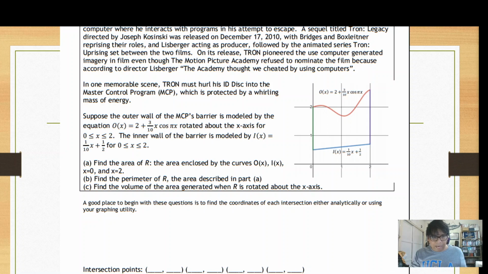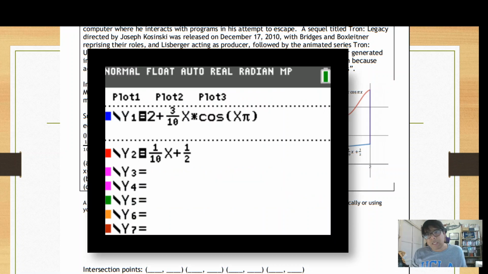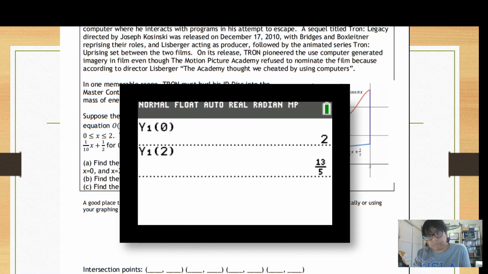So we're going to do this with our calculator, and we're going to start by putting both of those equations, y1 and y2, into our calculator. That's our TI-84 screen. And then we're just going to say, okay, when x equals 0, what is y1? Y1, I believe, is O. So we have the coordinate 0, 2 and the coordinate 13, 5.